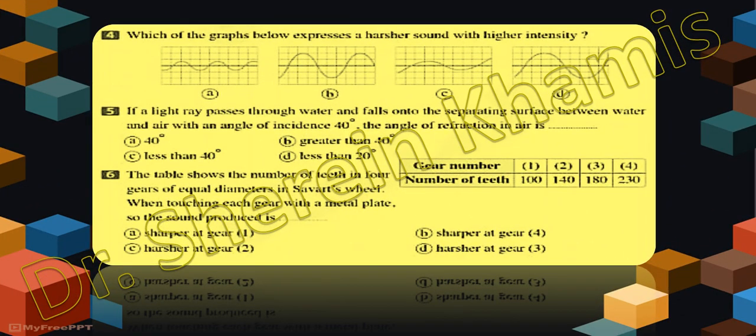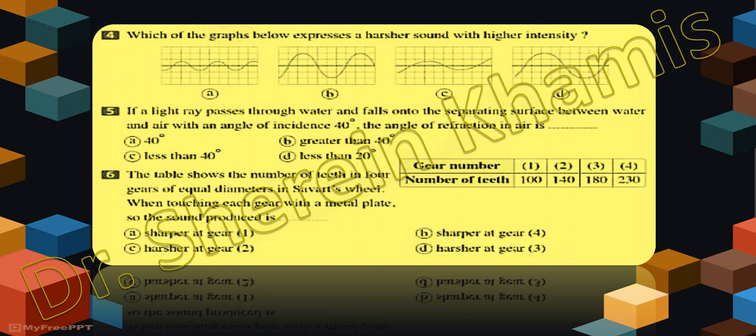Question 4 says: which of the graphs below expresses harsher sound with higher intensity? Okay, if we have a higher sound or high pitch, we have a harsher and stronger voice, so it will make high crest and high trough.